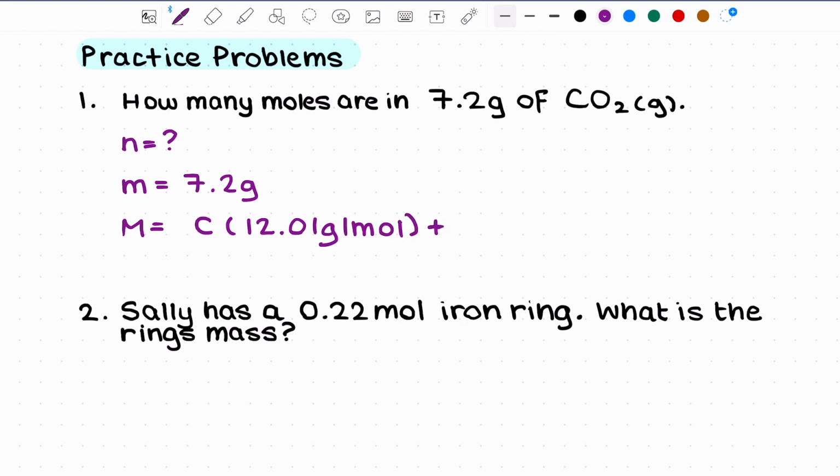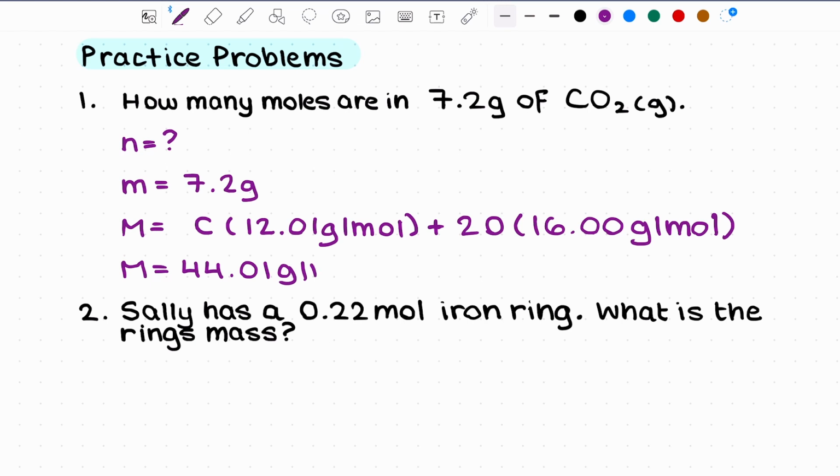We also have 2 oxygens. Each of those are 16.00 grams per mole. Now, I know this looks like it says 20, but this is 2 oxygens. Okay. When I put those together, I get a molar mass of 44.01 grams per mole. All right, I have all the pieces of information needed to solve the problem.